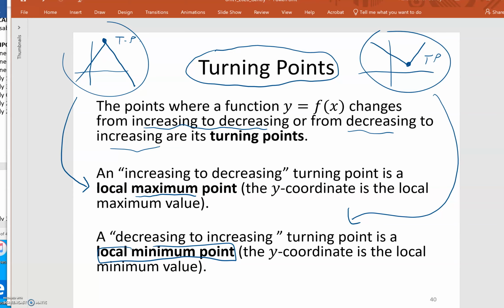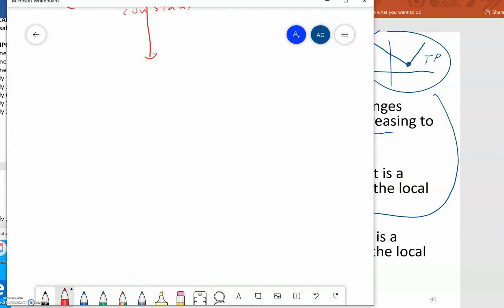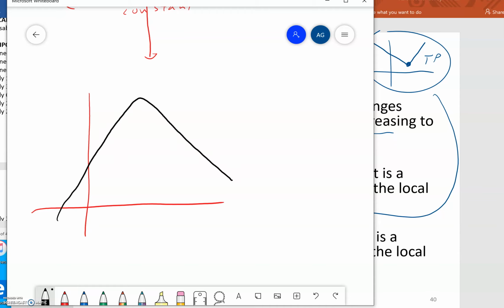The turning point itself is a point. Actually, let me bring up my whiteboard. Here's an example. Okay, let's actually name this point. Let's say that that's 4, 7.